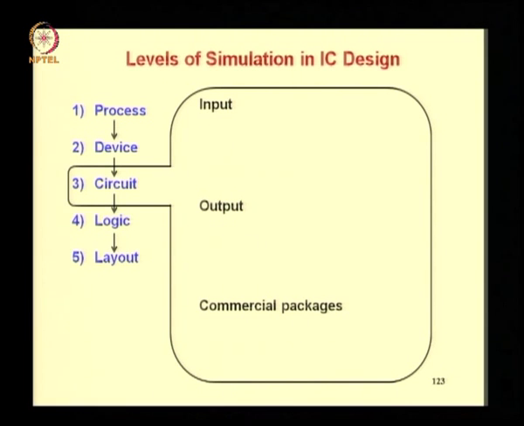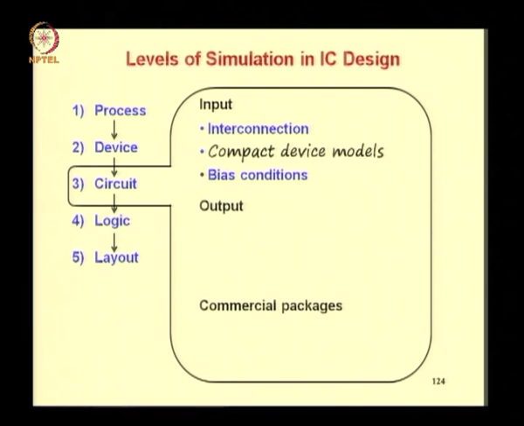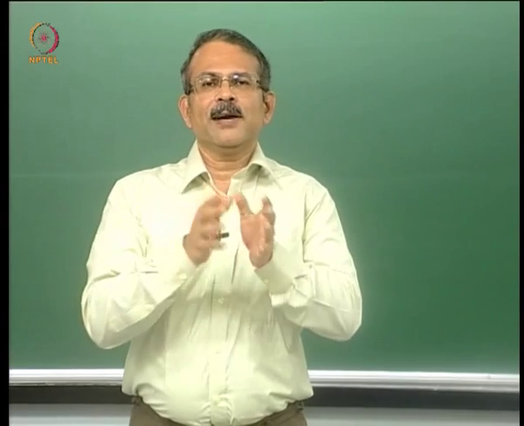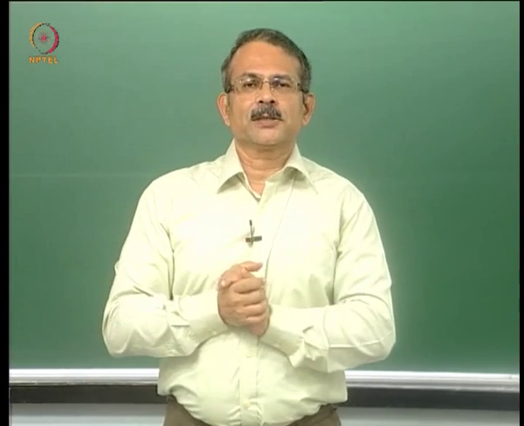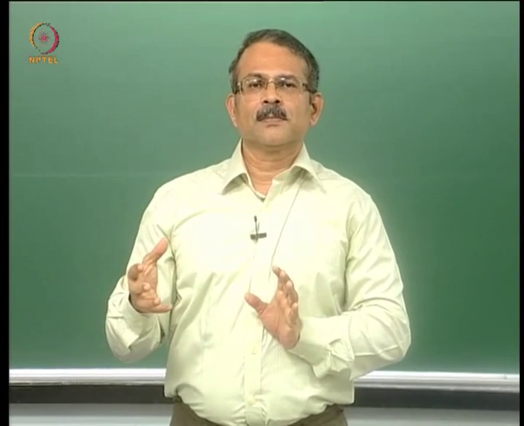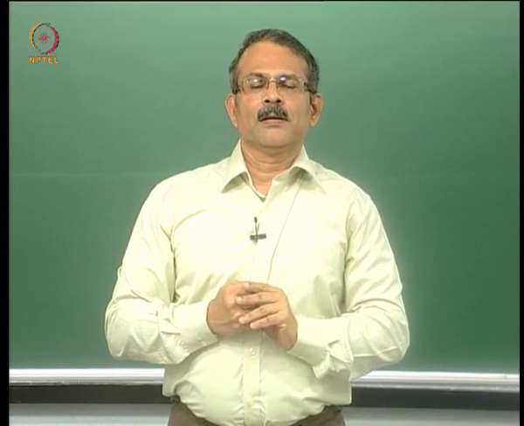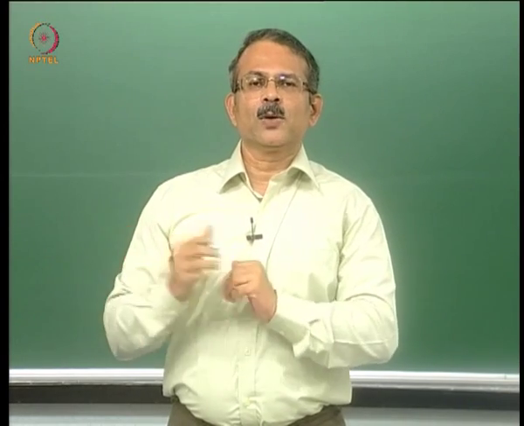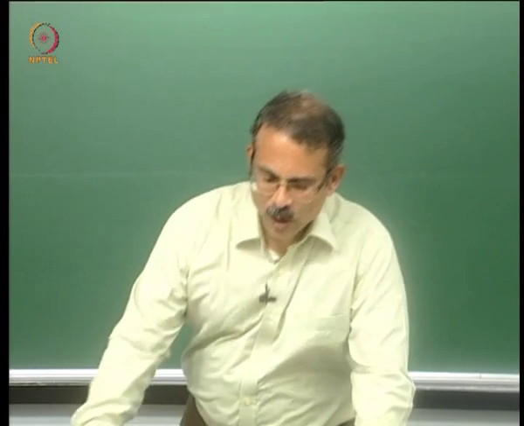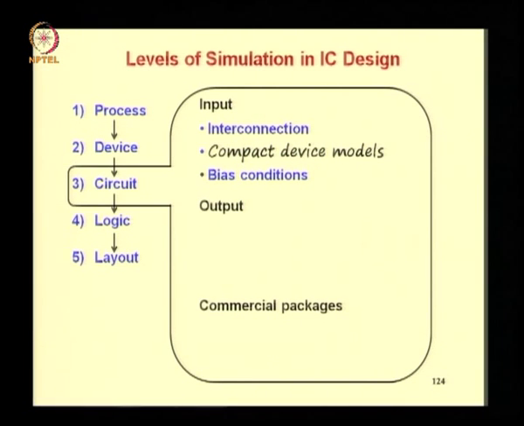Circuit simulation. In this case, the input is the interconnection among the various devices and a set of device models which are called compact device models. Compact device models are device specific equations having certain properties. What these properties are, we shall be looking at in this course. Compact device models are different from numerical device models in that these models are specific to the device.